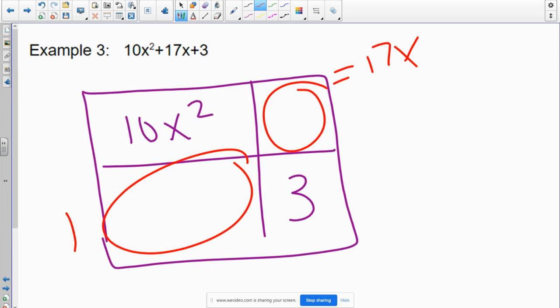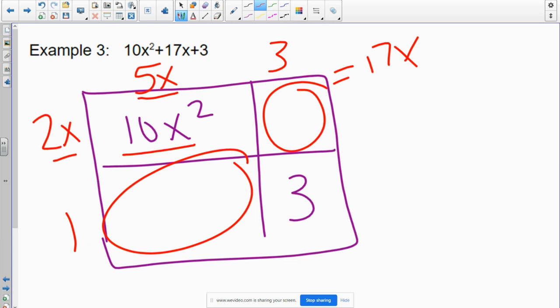So this one is kind of nice because one of them is already prime. 10 can be 10 and 1, or 5 and 2. So you really don't have a lot of choice on here. Let's start with 2x here and 5x here, because 2x times 5x is 10x squared.